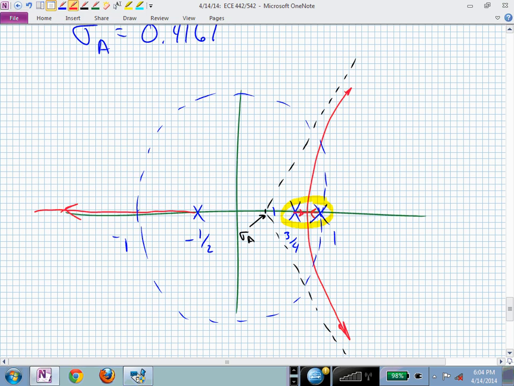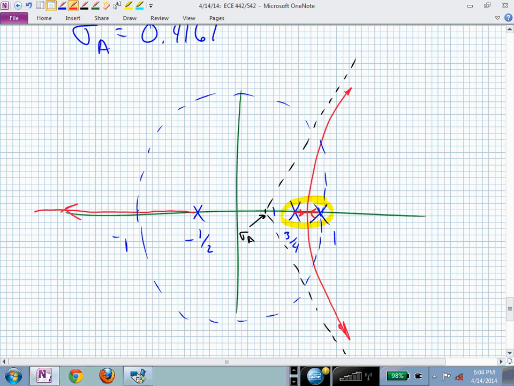What you need to worry about is you want all 3 of those branches to be living inside the unit circle simultaneously for closed loop stability. The question then that you need to ask is when K gets up to a big value of 0.011, which brings these two together, has this guy already zipped outside the unit circle?